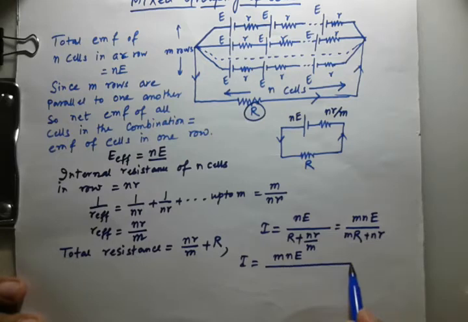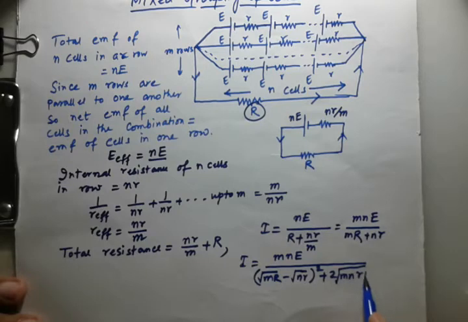Now you can arrange this one in such a way that I will be equal to mnE by (root over mR minus root over nr) whole square plus 2 root over mnr into capital R. Okay, so if you split it using the A minus B whole square formula, you can get this value.